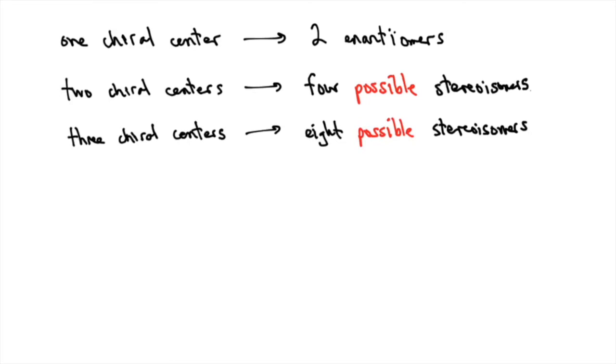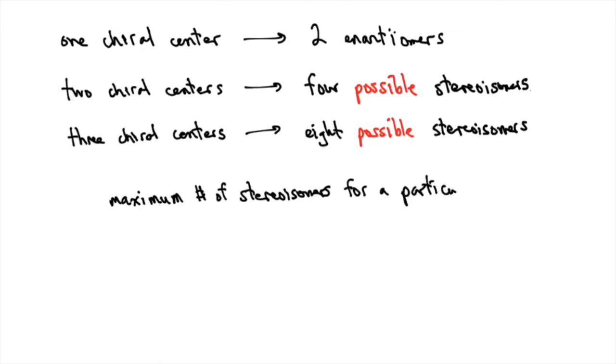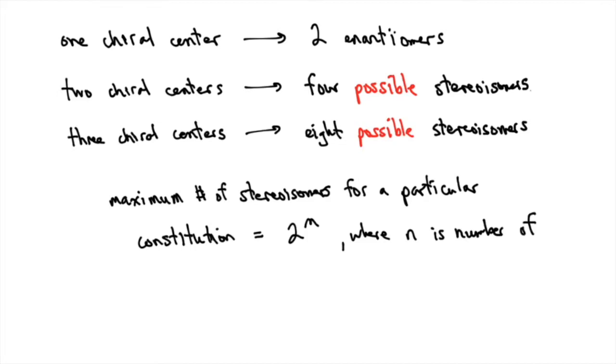So you can go on and on here, and what it tells you is that the maximum number of stereoisomers for a particular constitution, a particular set of atoms arranged in a certain way, is equal to 2 to the n, where n is the number of chiral centers.